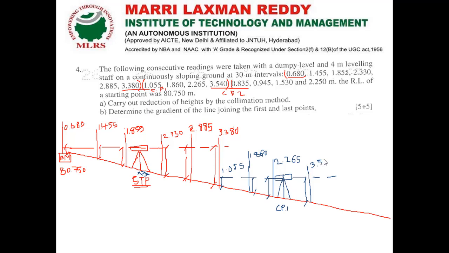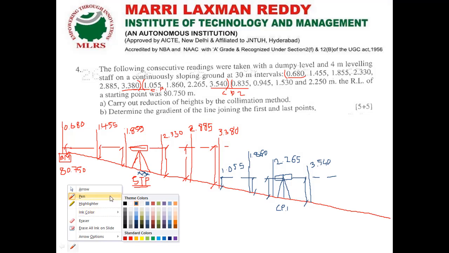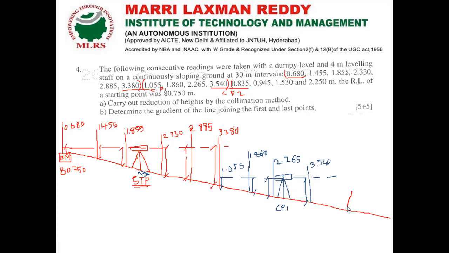Then after that we need to give the change point, so that the instrument is shifted from that position to another position, from there to here somewhere. At that time we never change our staff position.